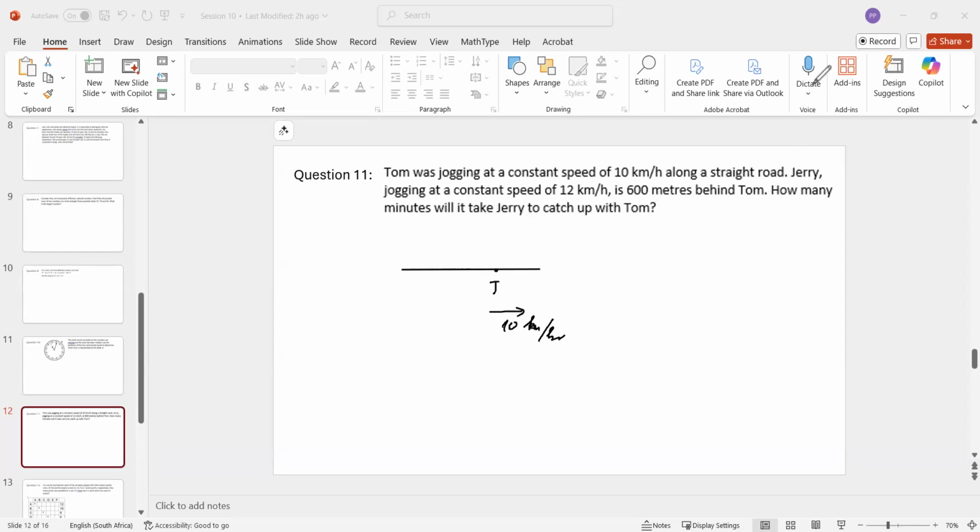And Jerry, jogging at a constant speed of 12 kilometers per hour, is 600 meters behind Tom.